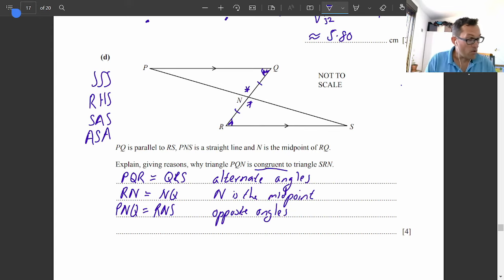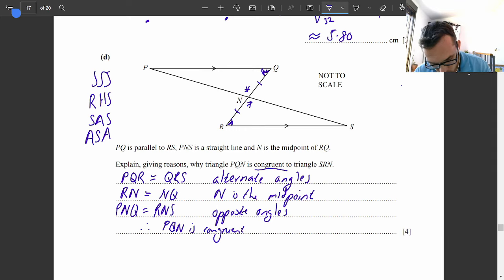So you need to say this, thus PQN is congruent to SRN, and the reason is angle, side, angle.